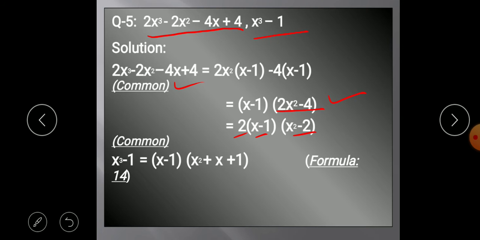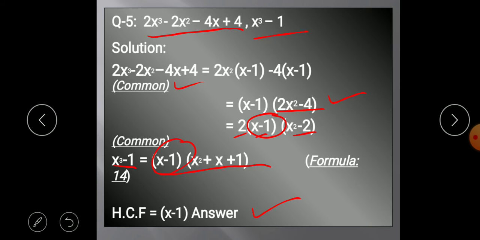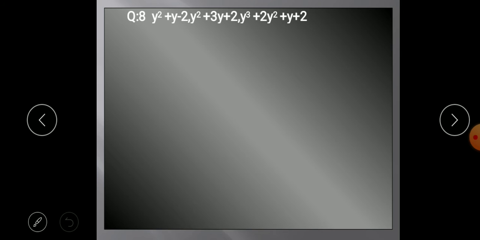And now the second polynomial is x cube minus 1, and according to formula number 14 I have found its factor form. And then finally HCF is what is common, x minus 1 is common, so x minus 1 is the highest common factor. Okay, now in question number 8, did you see here how many polynomials?